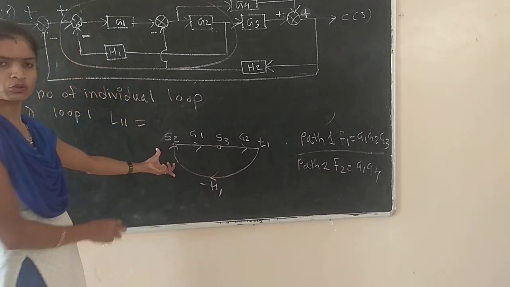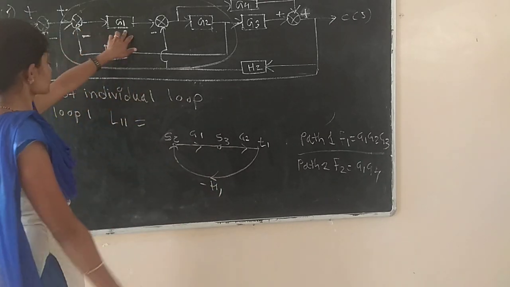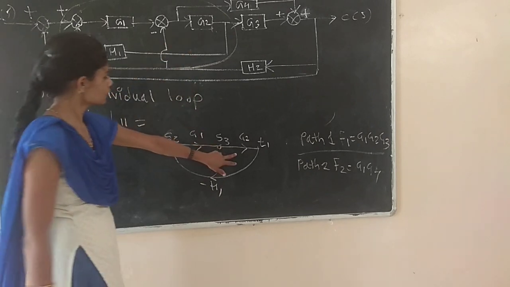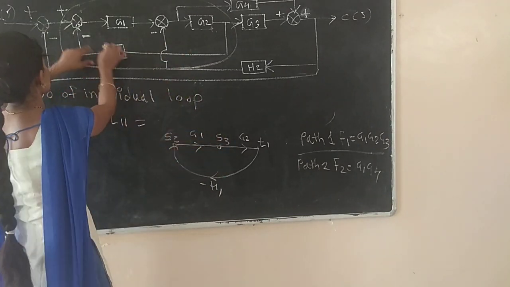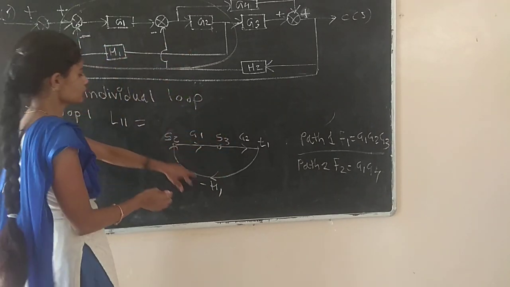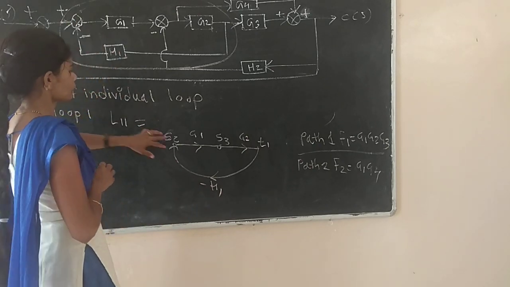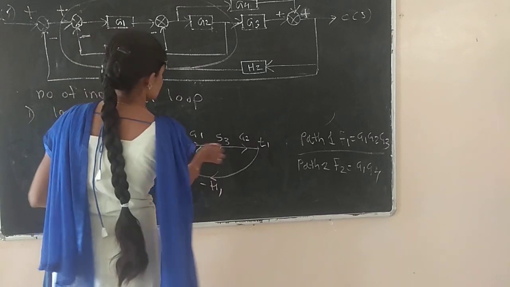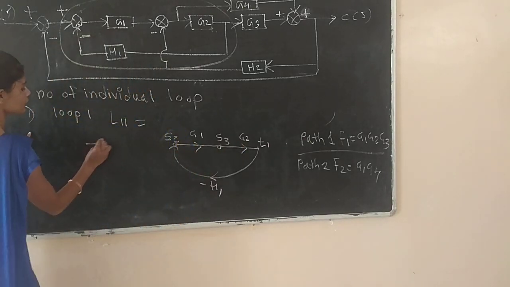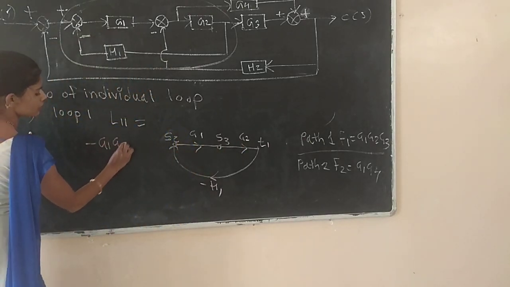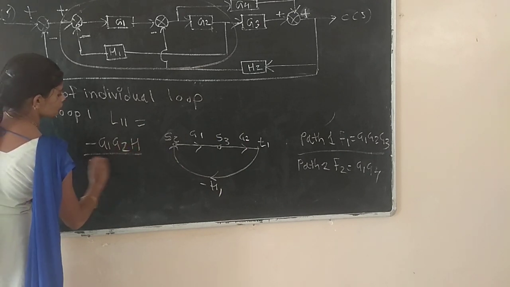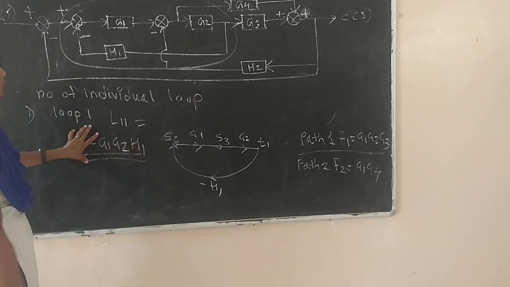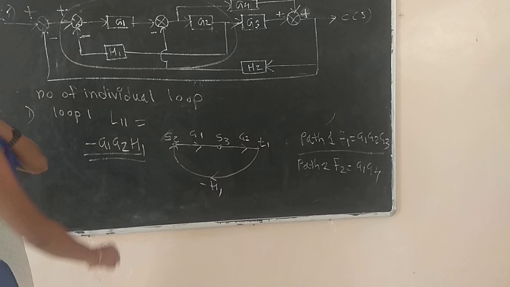So L11 is minus G1, G2 and H1. This is the first loop.